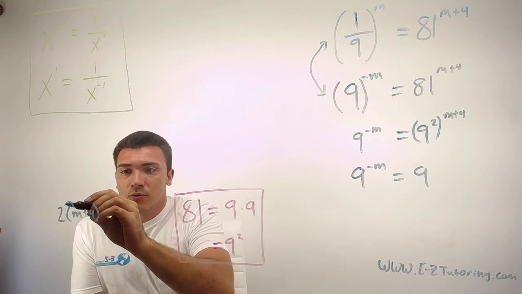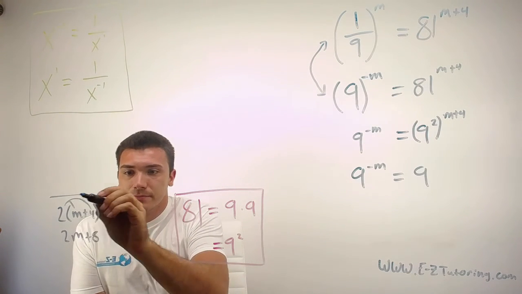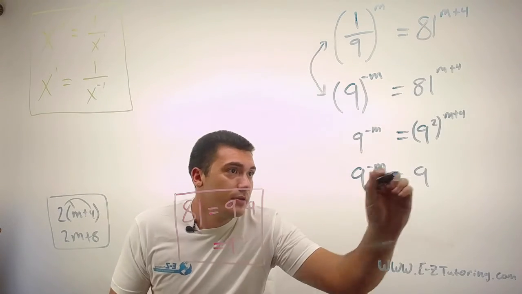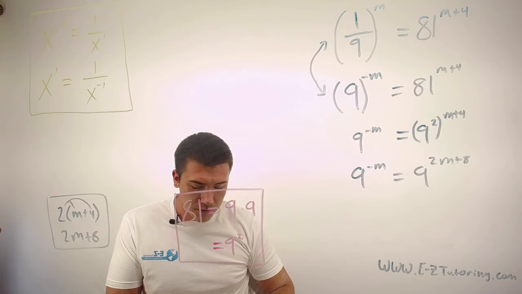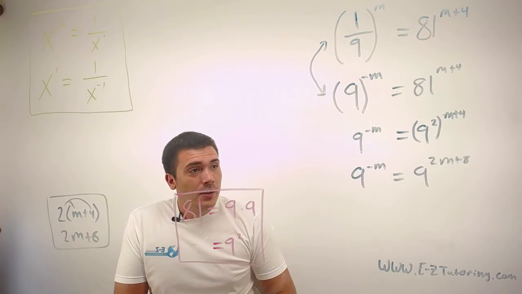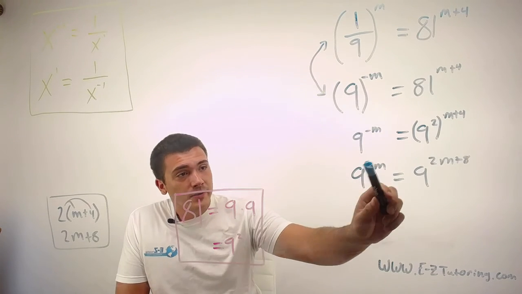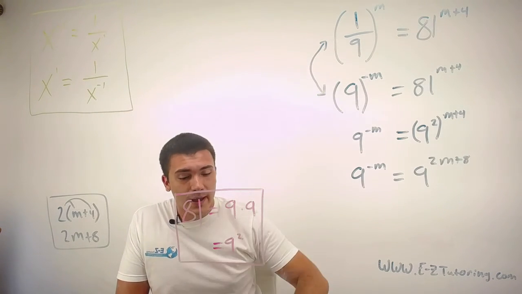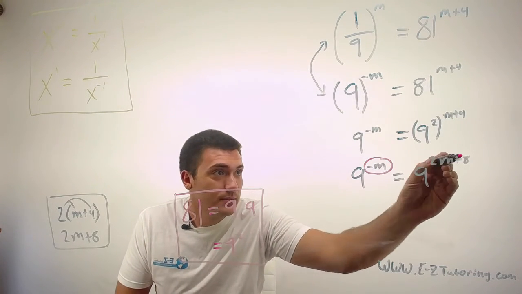All you do is distribute the 2, and you get 2m plus 8. Okay, so now we have the same base on each side. So 9 to a power is equal to 9 to a power. Therefore, the powers must be equal to each other.